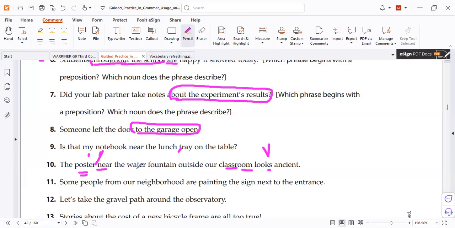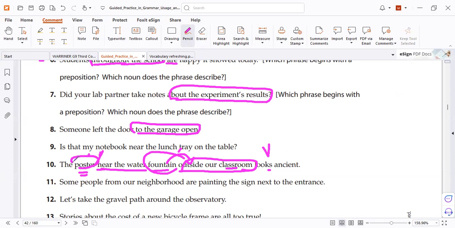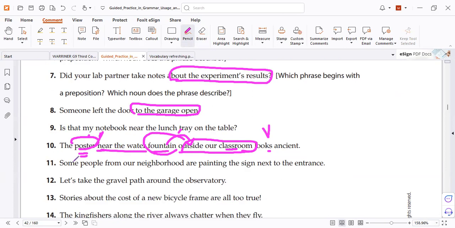But the poster near the water fountain would be outside our classroom. So the fountain is outside our classroom. So this phrase describes fountain, and this phrase describes poster. If the meaning is changeable, perhaps it gives you a logical meaning or not. So in the test, we test you about the meaning.